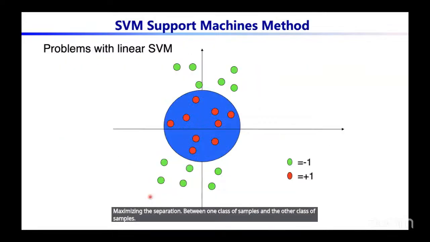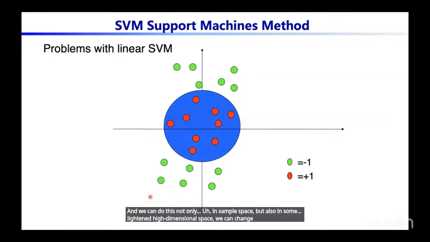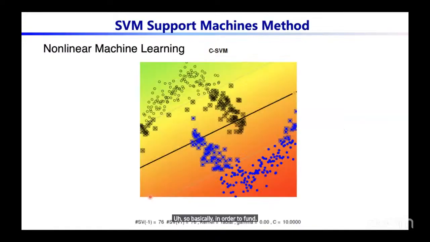And we can do this not only in sample space, but also in some latent high-dimensional space. We can change to a different space in order to find such a good separation.